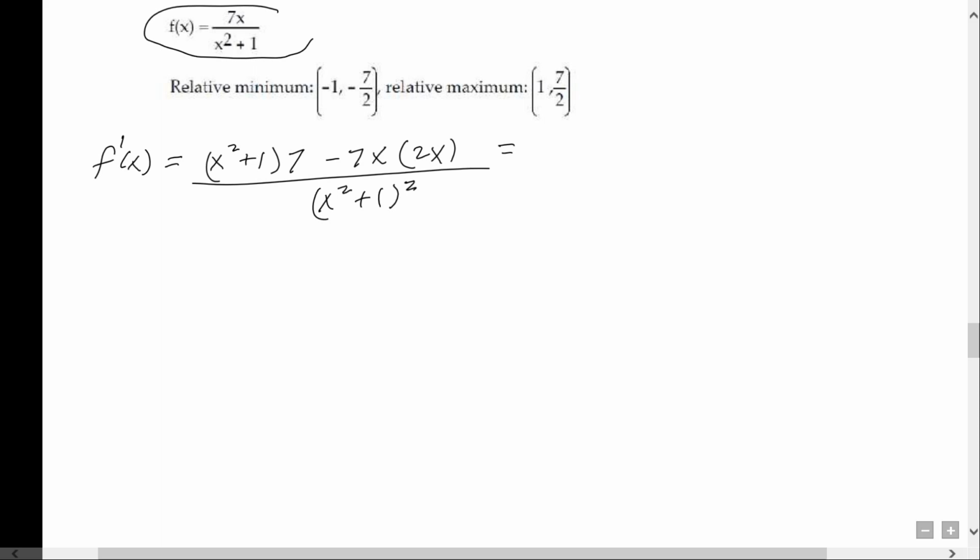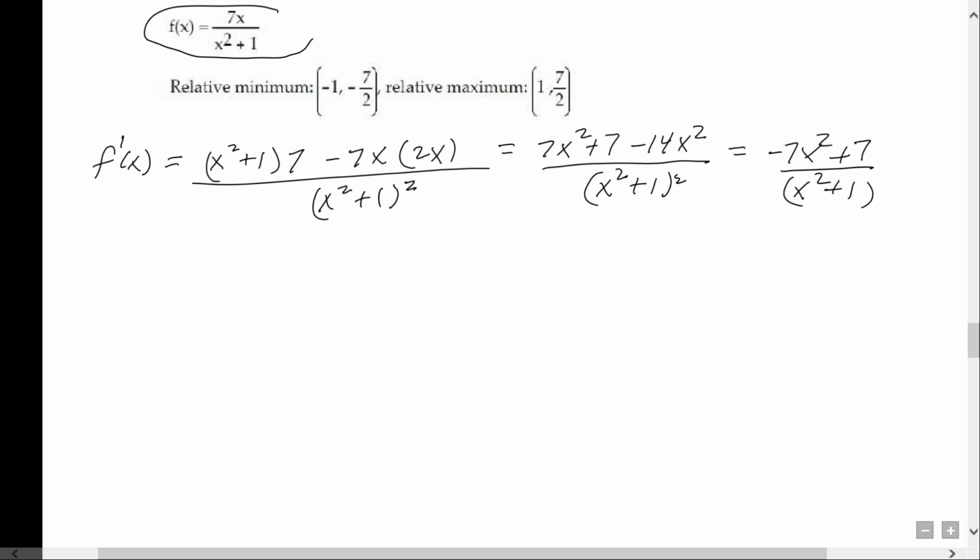Simplifying this, you get 7x squared plus 7 minus 14x squared over x squared plus 1 squared, and that is equal to minus 7x squared plus 7 over x squared plus 1 squared.